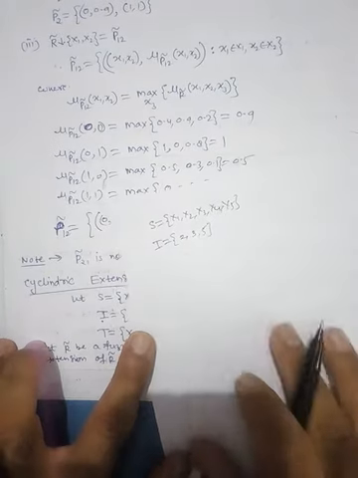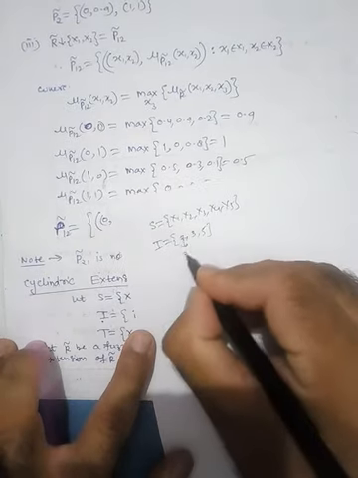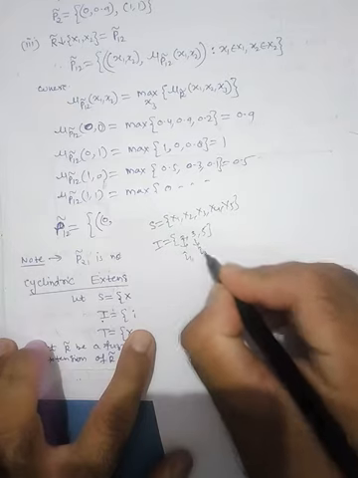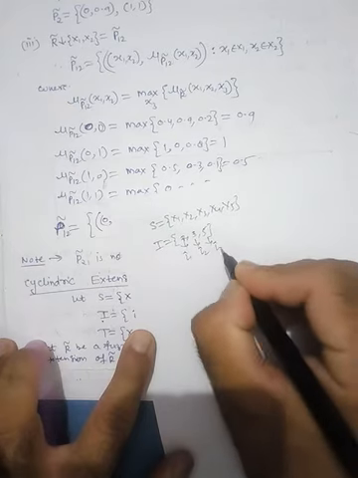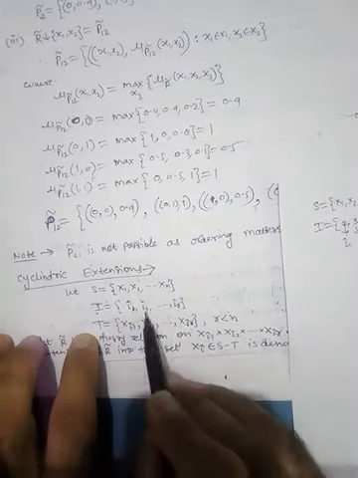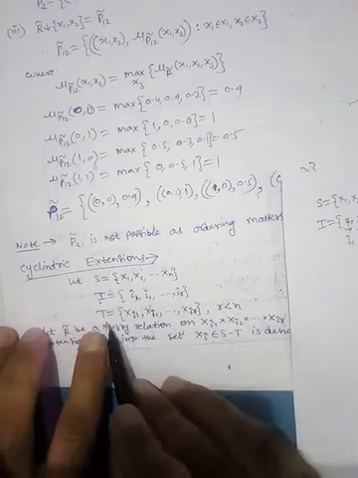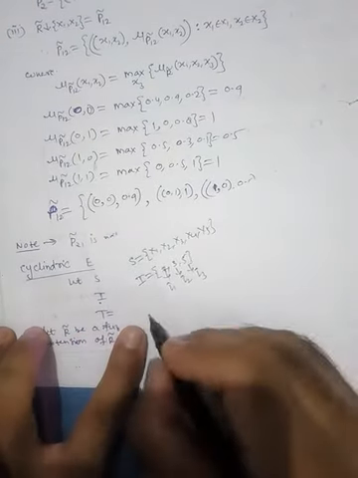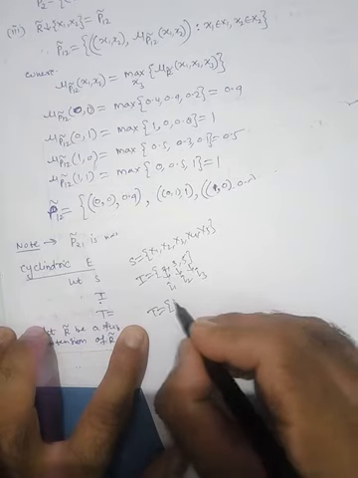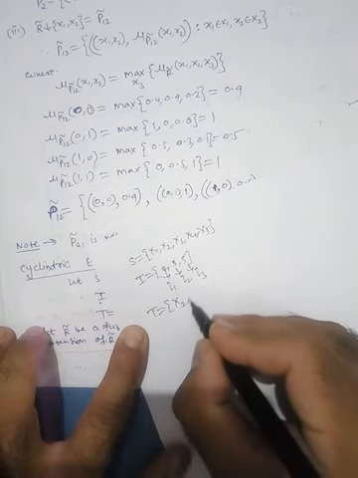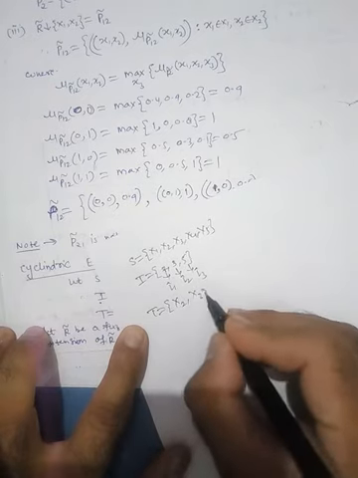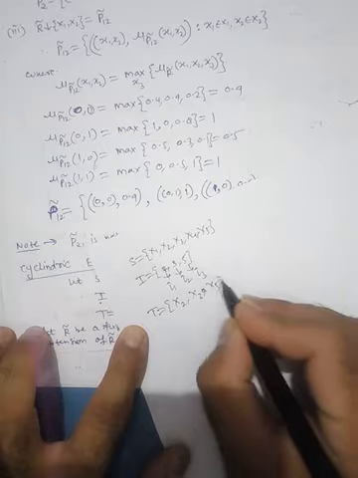So this is our I1, this is our I2, and this is our I3. This is written here as I1, I2, Ir. Then the corresponding set is T. So T will be x2, x3 and x5. This is our T.